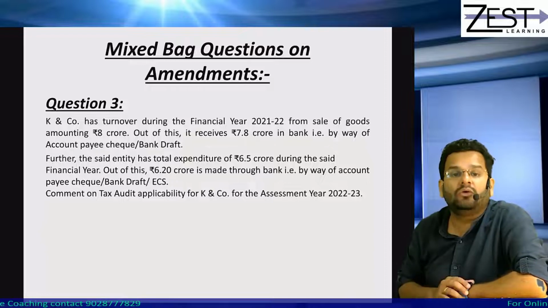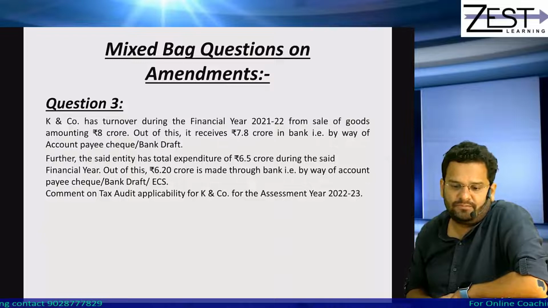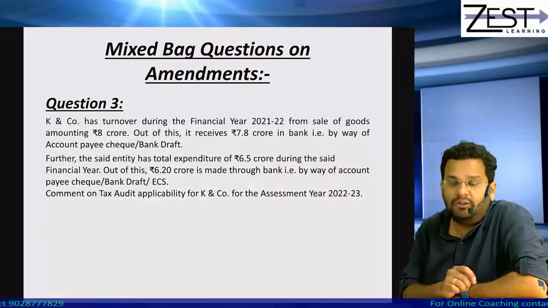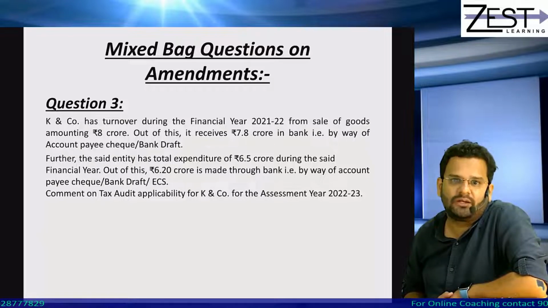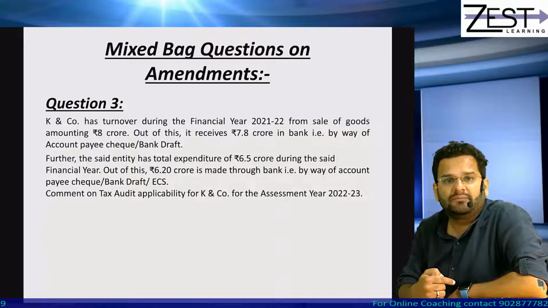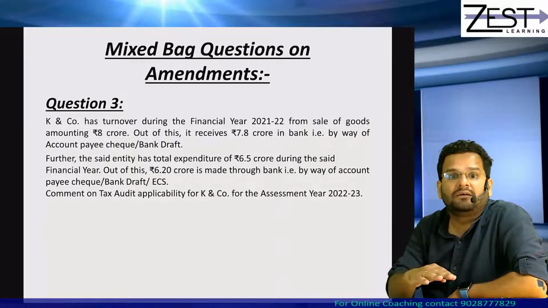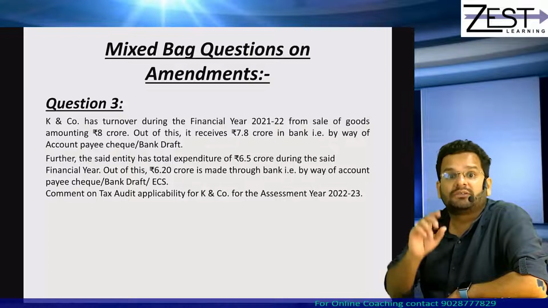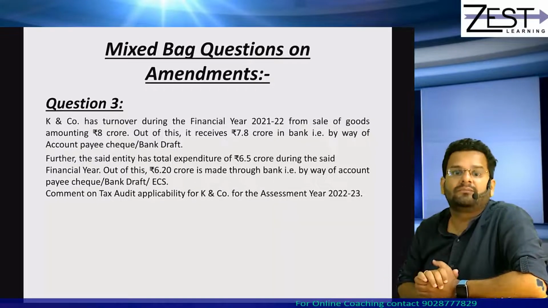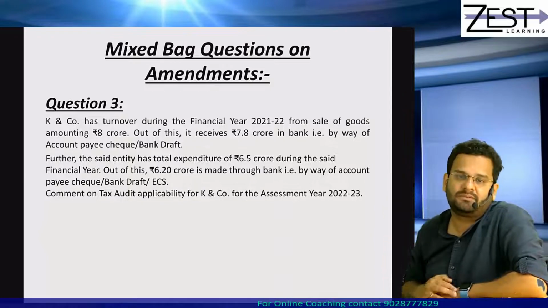So now see, 30 lakh rupees is in cash. Take on your calculator 30 lakhs upon 6.5 crores into 100. Is this also below 5%? Suppose both are below 5%, then congratulations, tax audit threshold limit will be 10 crore rupees.